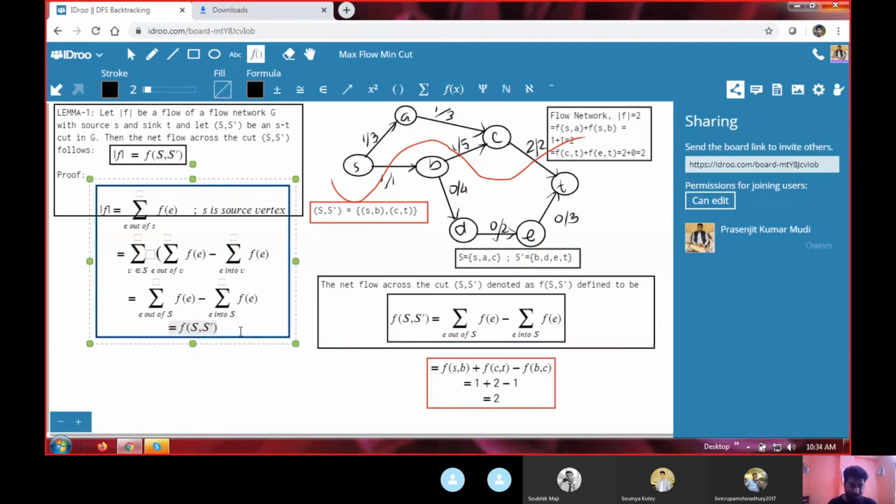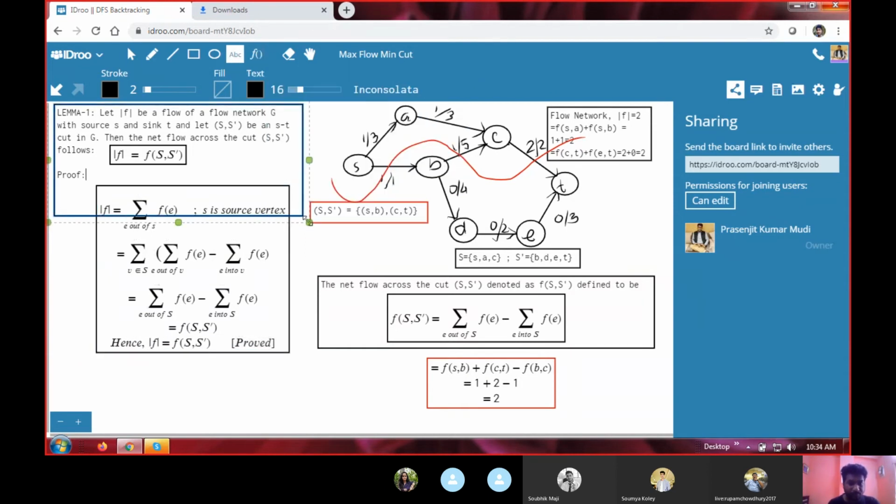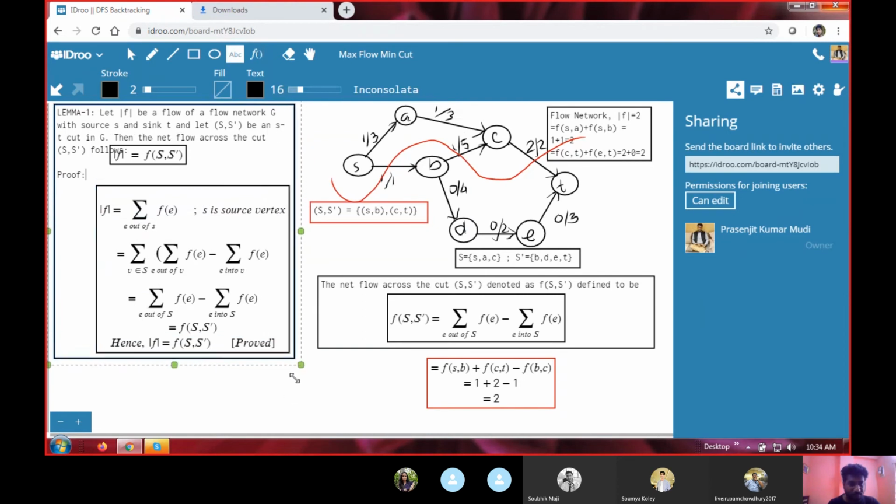Okay, so we have proved the equation to f of S comma. And let's take an illustration.